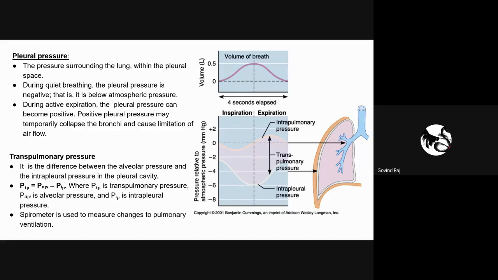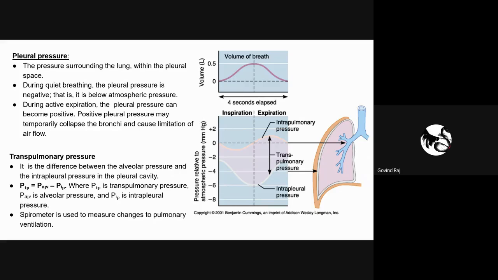So the pressure surrounding the lungs within the pleural space is known as pleural pressure. During quiet breathing, that is normal breathing, the pleural pressure is negative. That is, there is a small suction force that is seen there. That is why it is taken as negative. So it is below atmospheric pressure, and during active expiration, the pleural pressure can become positive.